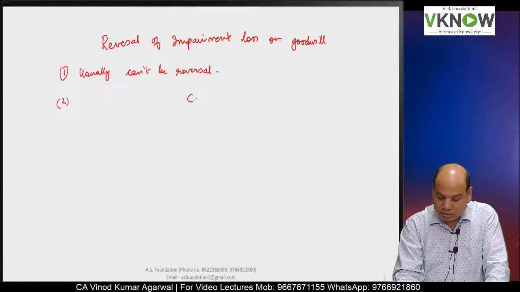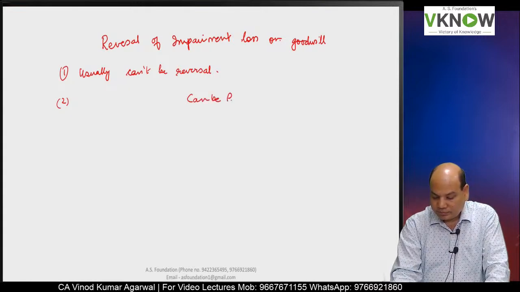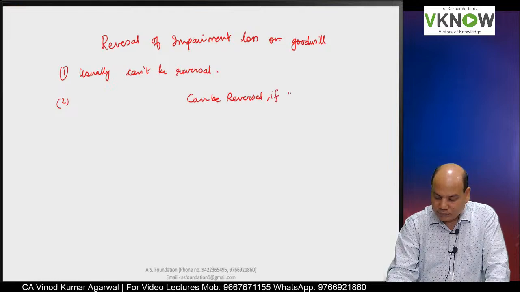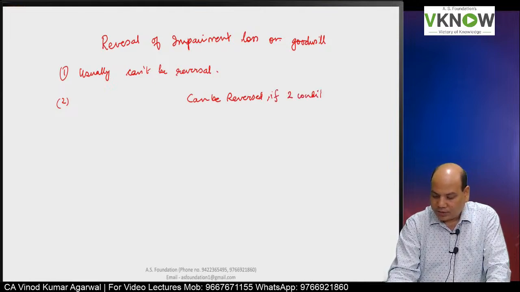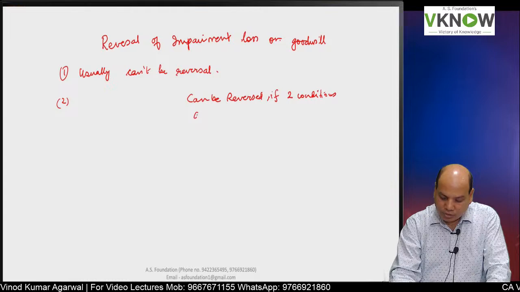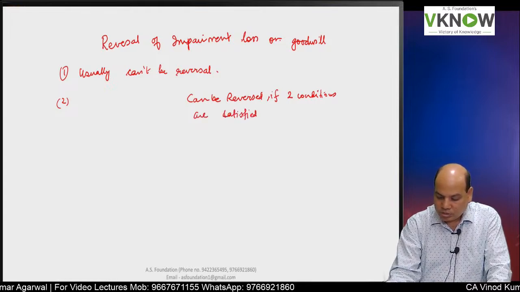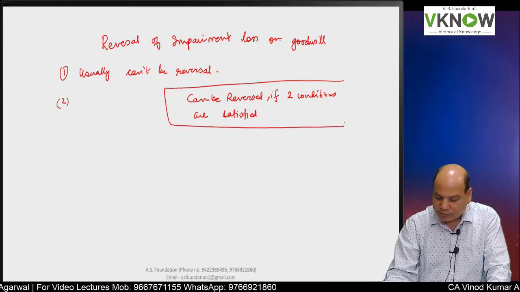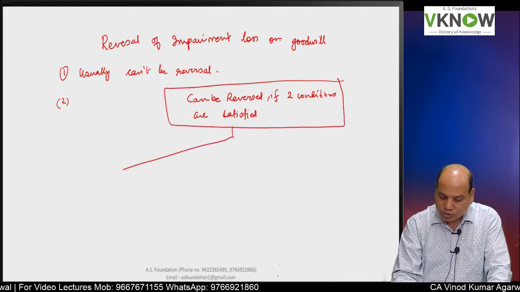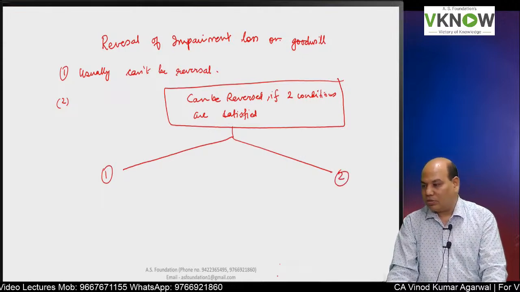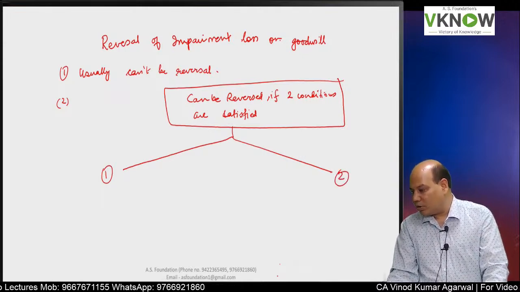Second thing, it can be reversed if two conditions are satisfied. These are two difficult conditions to be satisfied, but if they are, then one can think about reversal of impairment loss of goodwill.